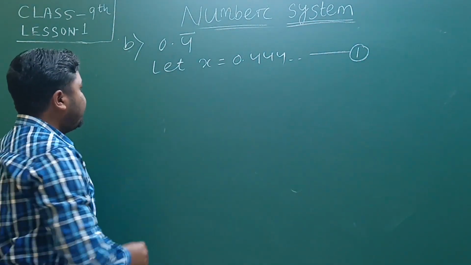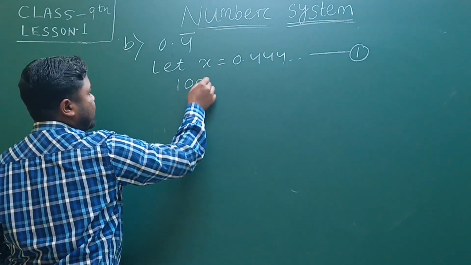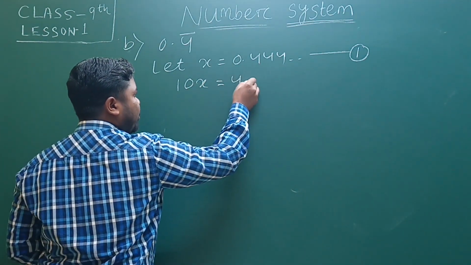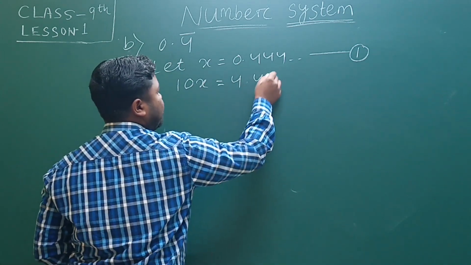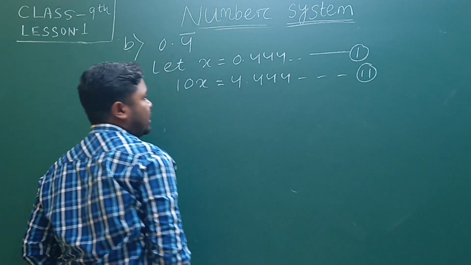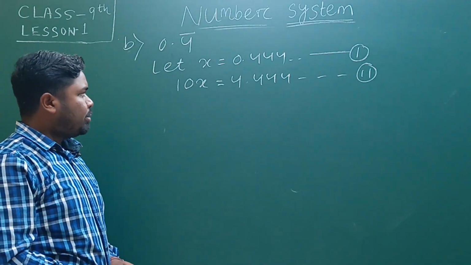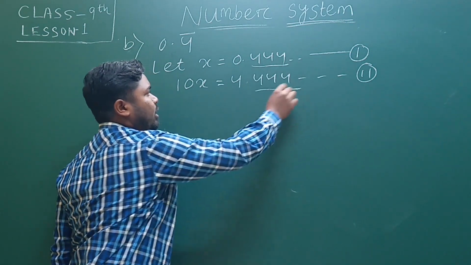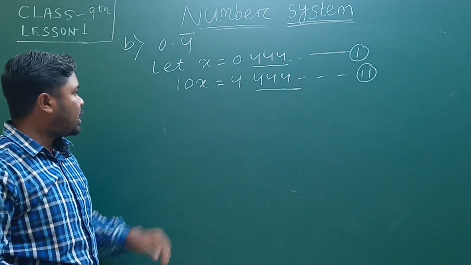Then same, we get 10x equals 4.444. This is our repeating decimal. So after the decimal points the numbers are the same here, here also, here also. So now we can easily subtract them.